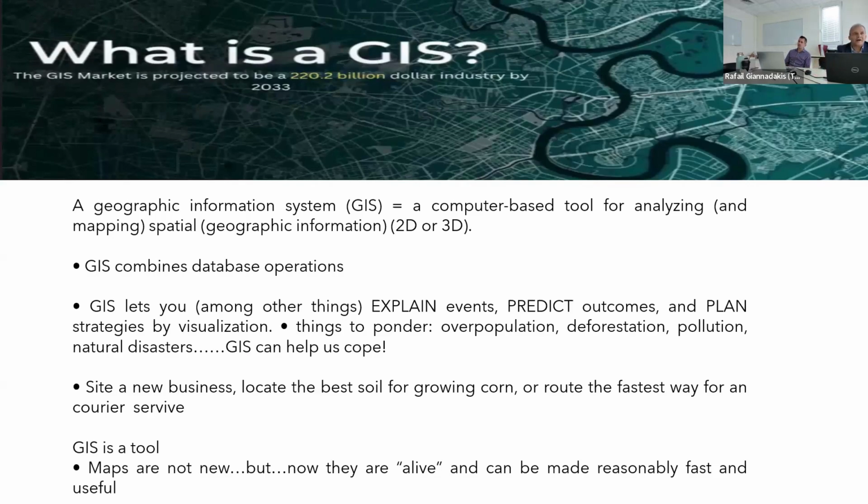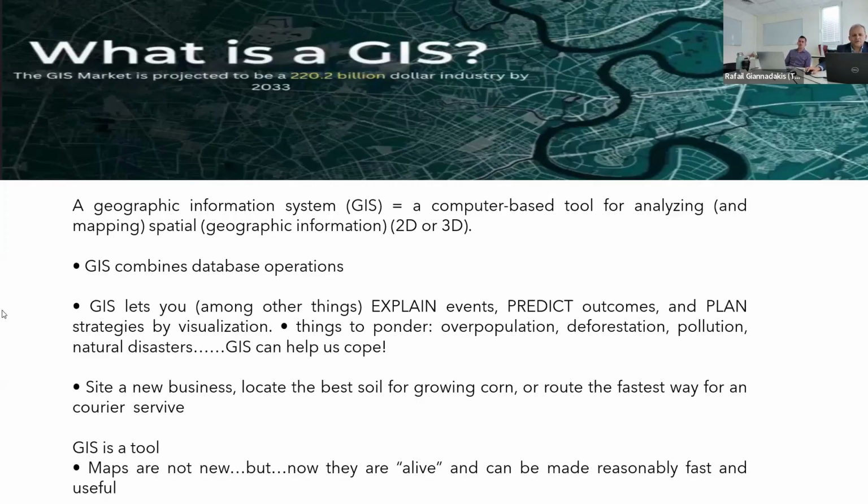Cars can drive autonomously without drivers because we have maps, satellites, and technology to do that. So you can see that the GIS market will grow more and more, like artificial intelligence, which we can combine with it.